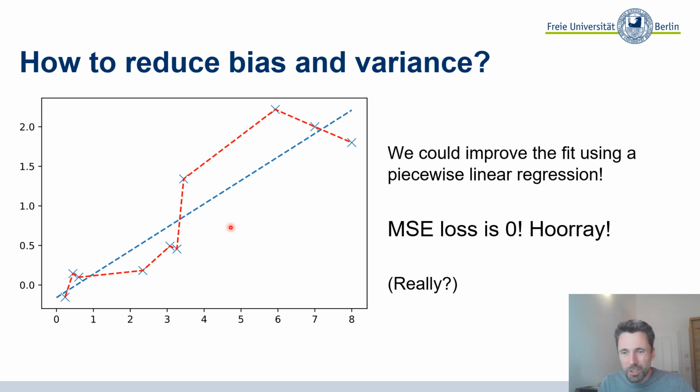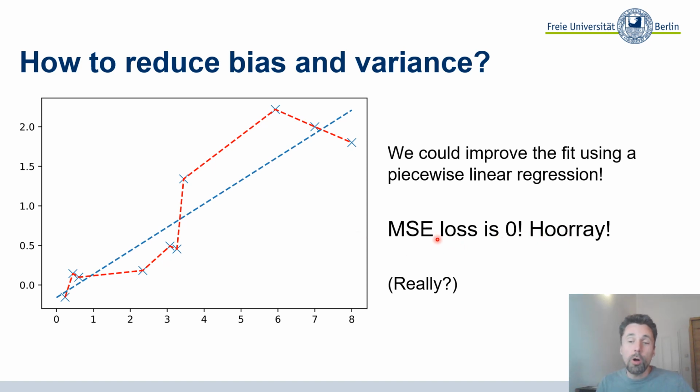But what we could do is make the model more powerful, so in a way, give it more flexibility to adapt to the training data. And then this could lead to us taking line segments that connect all the training data. And now this gives us a very, very good MSE, mean squared error loss, which is 0 here.